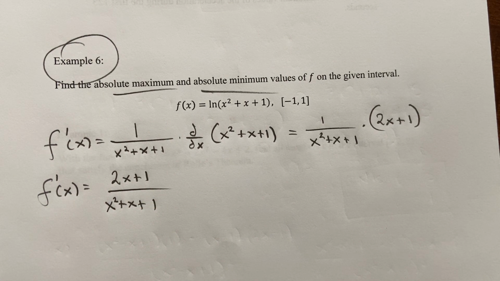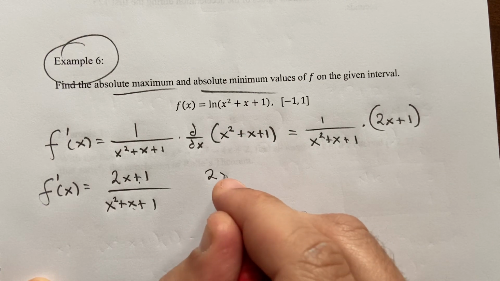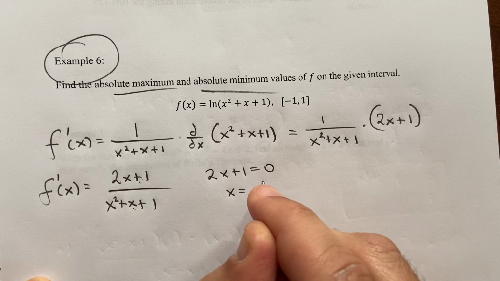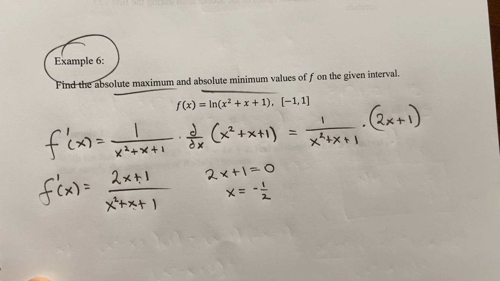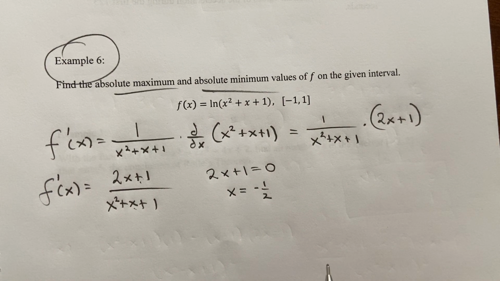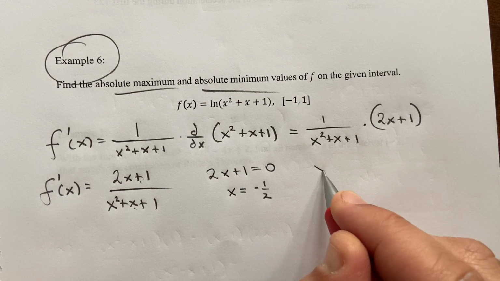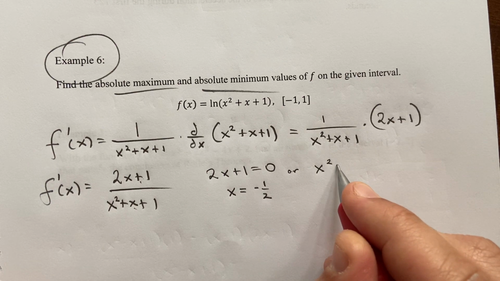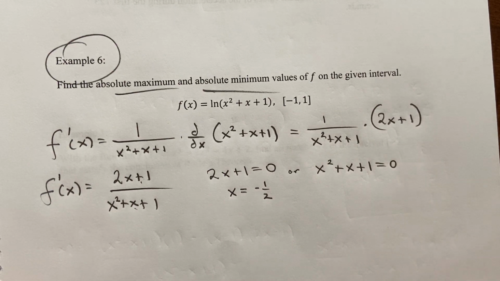So now we want to set the numerator equal to 0 and look for critical numbers there, then set the denominator equal to 0 and look for critical numbers there. So 2x plus 1 equals 0. This means that x equals -1/2. That'd be a critical number that's going to go on our sign chart. Or, x squared plus x plus 1 equals 0.